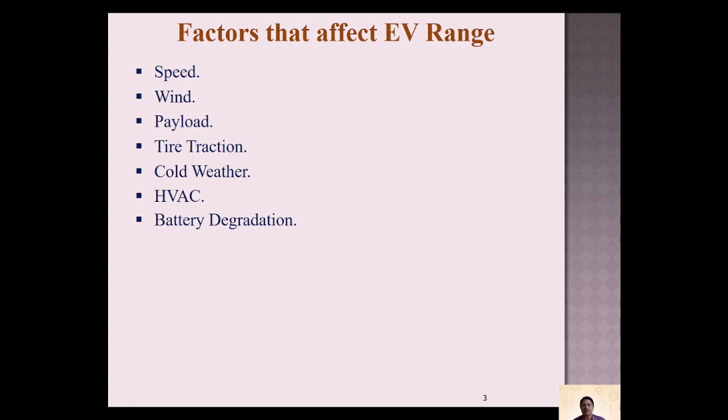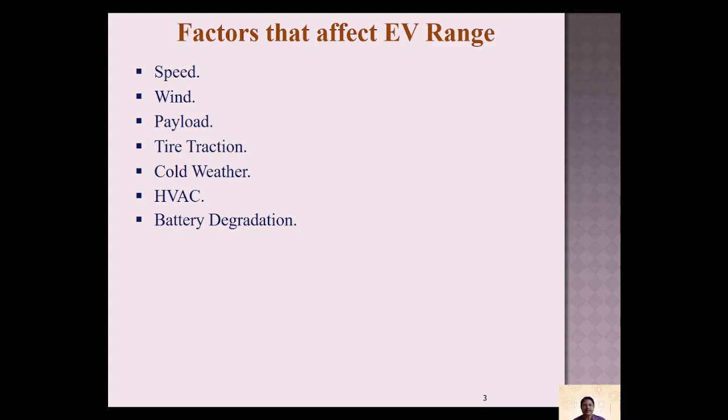So the power available in the battery will be used to heat or maintain the temperature in the vehicle. So that will definitely affect the range. Also heat, ventilation and air conditioning. Air conditioning also requires more power, so that will also reduce the range of the vehicle.